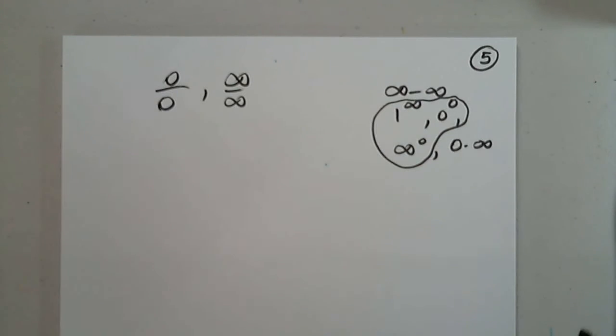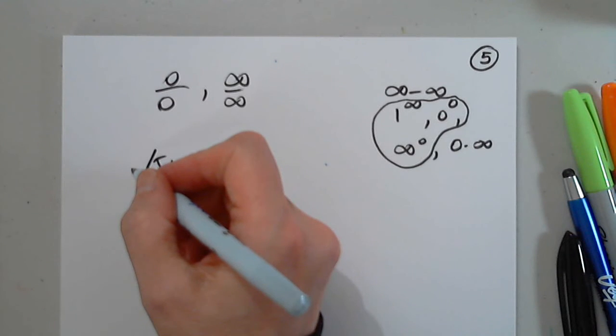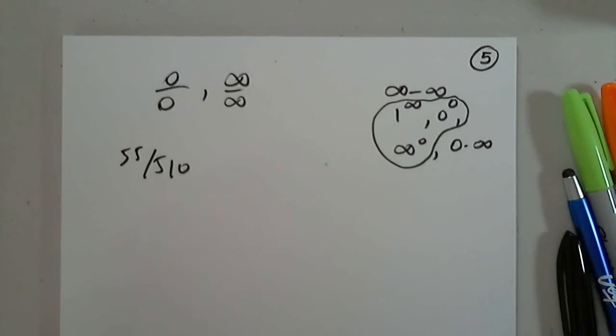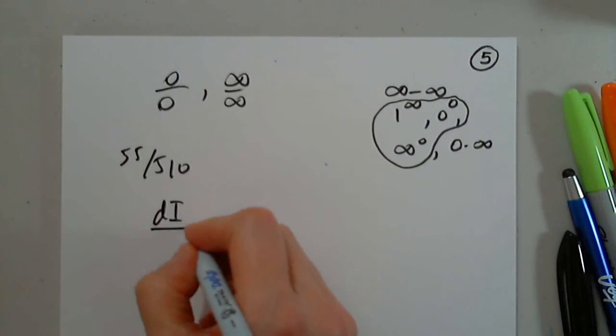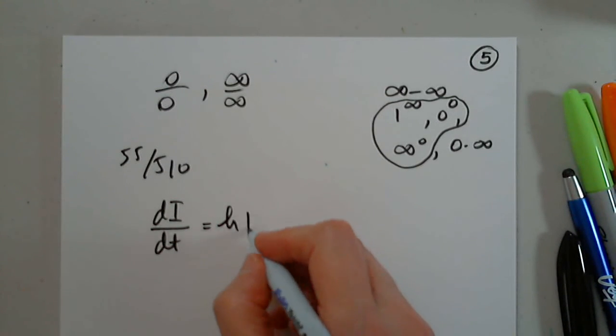I have a question. On page 510, it's number 55. Good. So we have dI over dt, which is, I think that's h, k, and I. Am I correct?